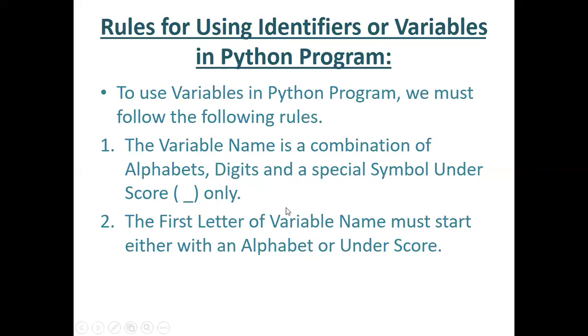And the first letter of a variable name should start with an alphabet or underscore, not with a digit. So it should be a combination of alphabets, digits, and underscore only.